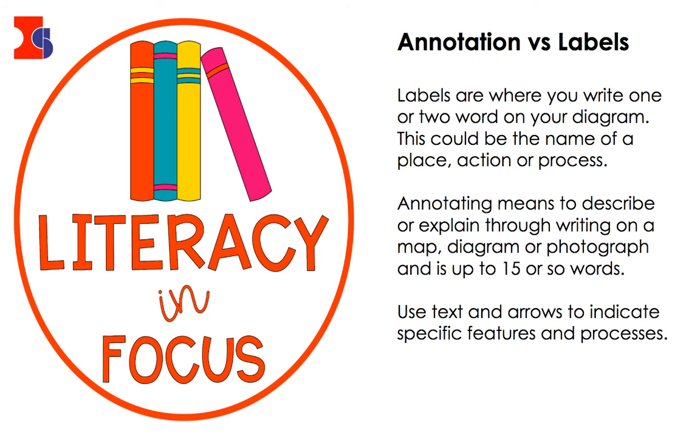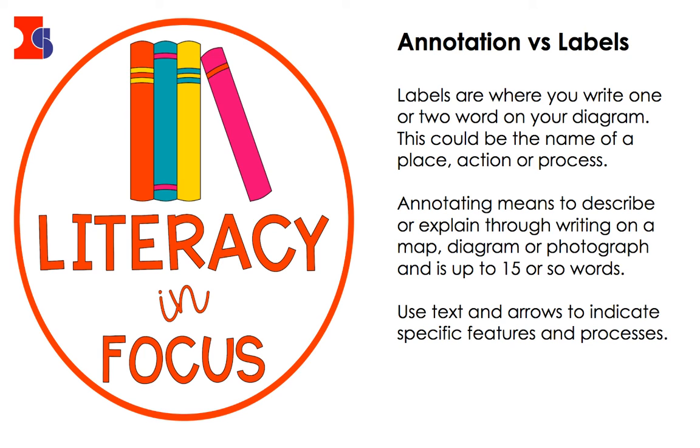Your final task is to practice drawing a diagram and some annotations again. We want to make sure that you can do these nice and neatly, and that you add the appropriate amount of labels and annotations. Remember, a label is one or two words.